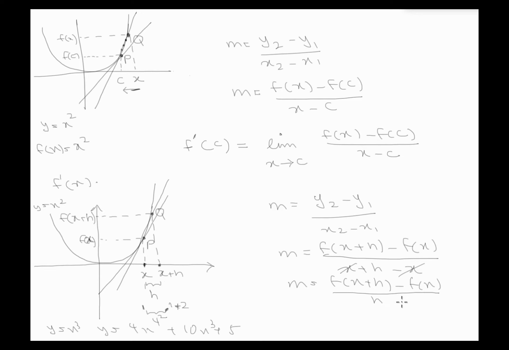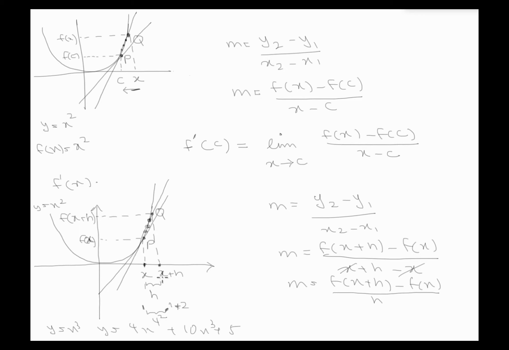Okay, so now again, just like before, the closer and closer this point Q gets to point P, then the closer these two gradients are going to become. So basically, if I bring this point Q infinitely close to the point P, then I can estimate the gradient of the tangent at point P using the gradient of the secant PQ.